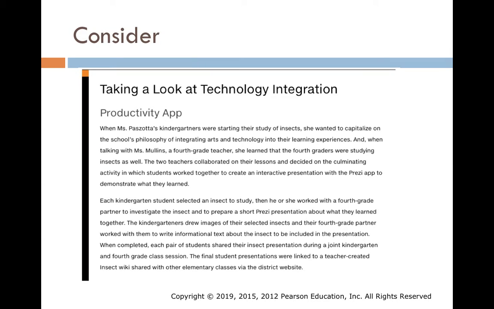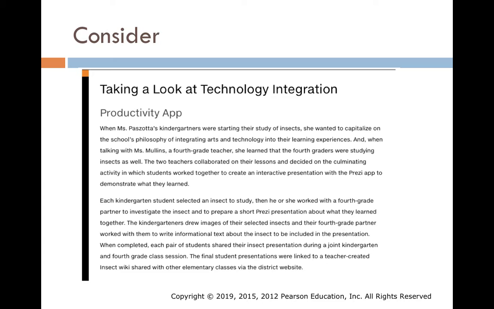So I want you to take a moment and consider this that's listed in your chapter about some kindergartners, and they are connected with this fourth grade class that's also learning. And I want you to take a moment and go into the text and read about this particular scenario of technology integration.